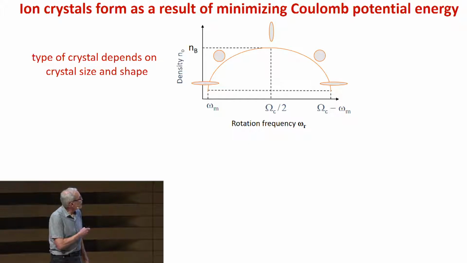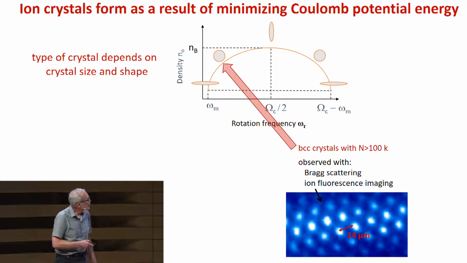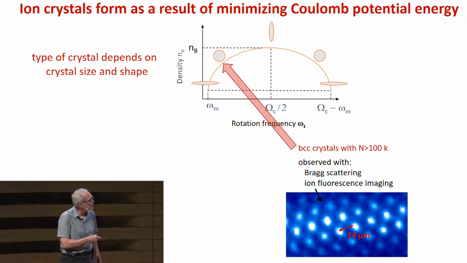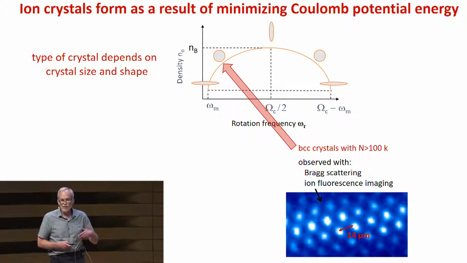The type of crystal that forms, though, depends on the size of the crystal and the shape of the crystal. This shows a cartoon of different crystal shapes we get as a function of the rotation frequency. For modest rotation frequencies of a few hundred kilohertz, we get 3D crystals, where this is work done many years ago, where we can detect body-centered cubic crystals when we have a few 100,000 ions in the trap.